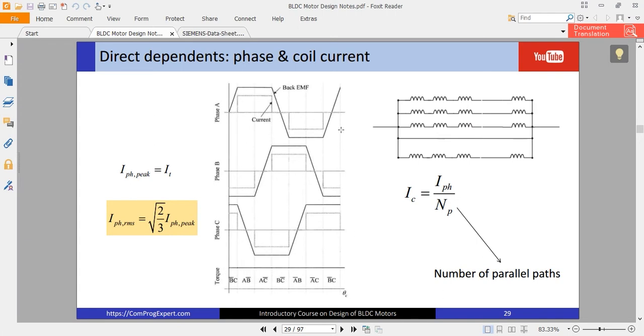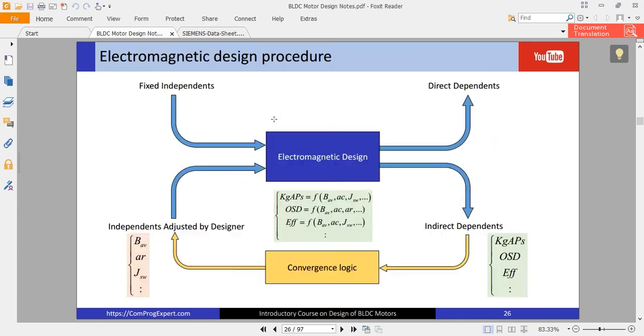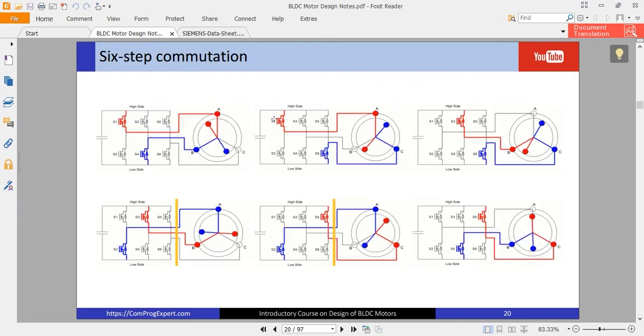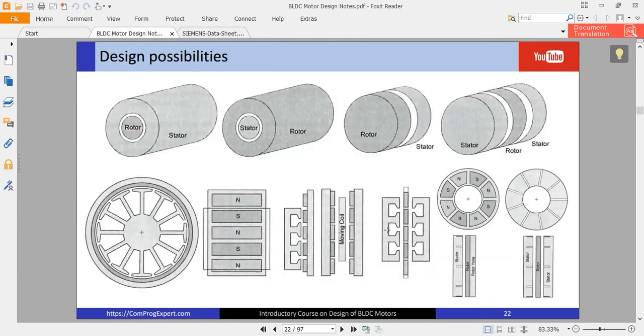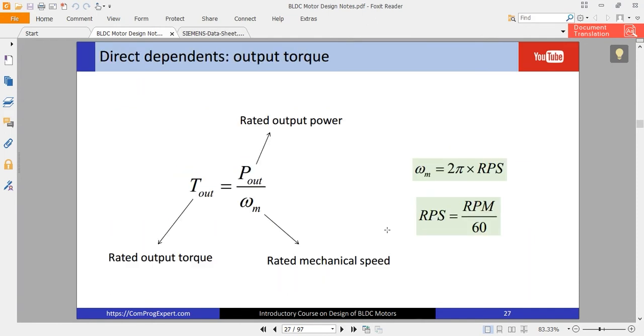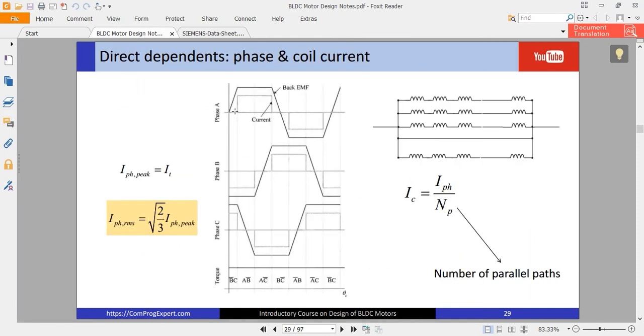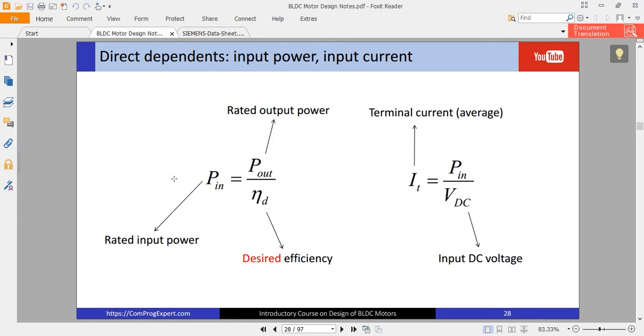But as you know, our back EMFs are not like this. Actually, this is the back EMF waveform of this motor, and our current, because of commutation, we cannot have these rectangular currents, so we have ripple in both torque and input current. So because of this, I wrote here, this is the average value of terminal current.